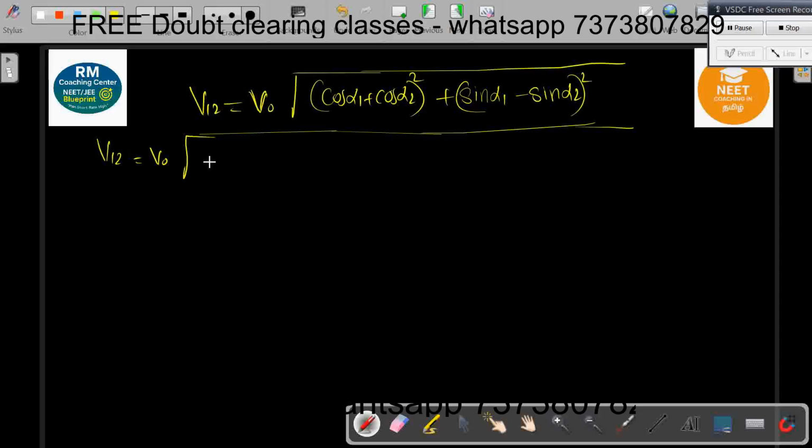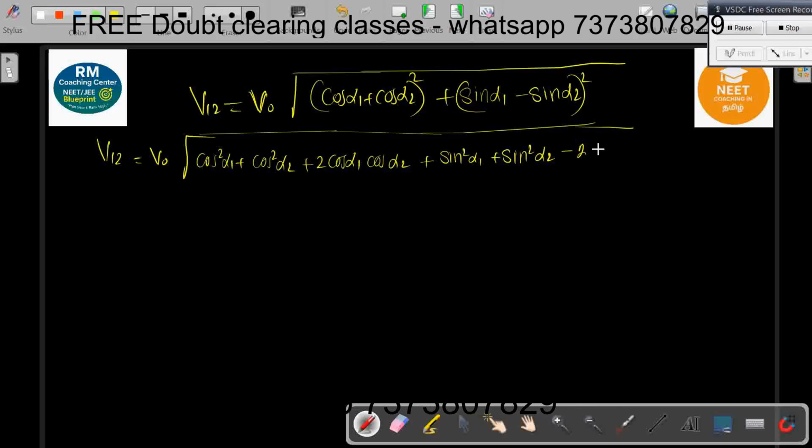Apply the a plus b whole square formula: cos squared alpha 1, cos squared alpha 2, 2 cos alpha 1 cos alpha 2, and the same here, sin squared alpha 1, sin squared alpha 2, minus 2 sin alpha 1 sin alpha 2.